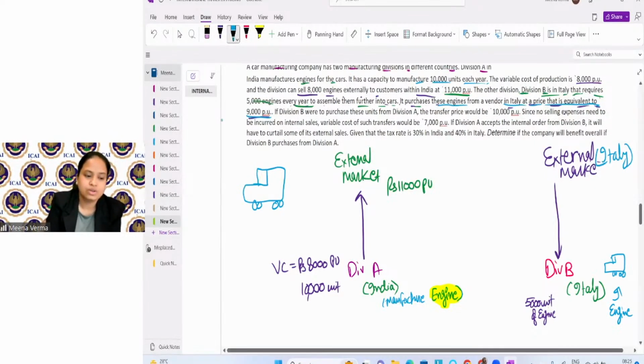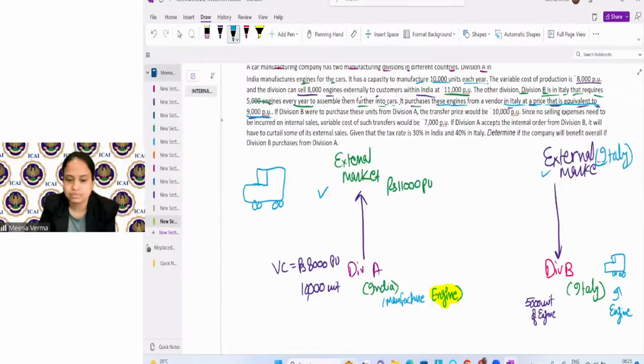So they are also buying it from the external market in Italy. 5,000 units they are buying from the external market in Italy at 9,000 per unit, whatever the price here. Now look, what is the crucial point to understand? This is crucial to understand.